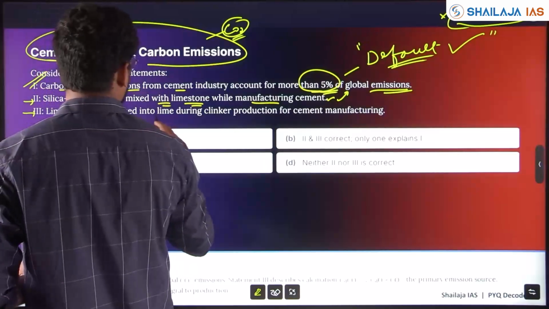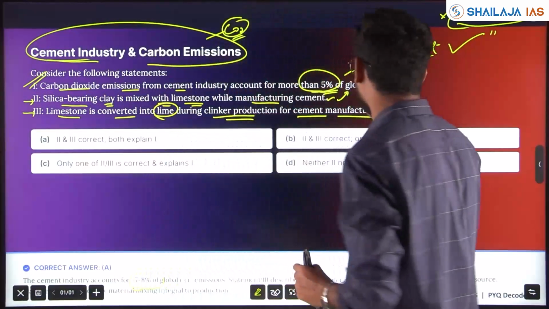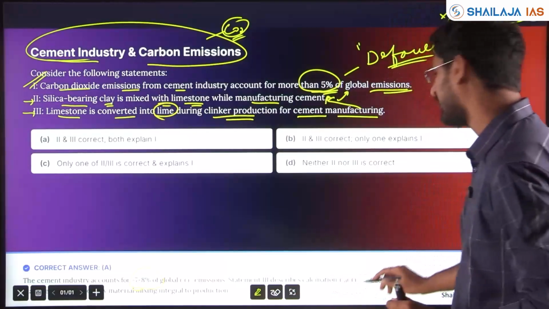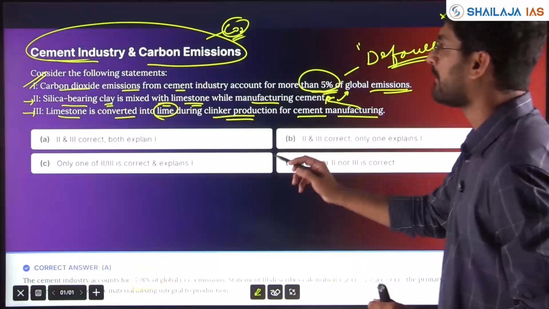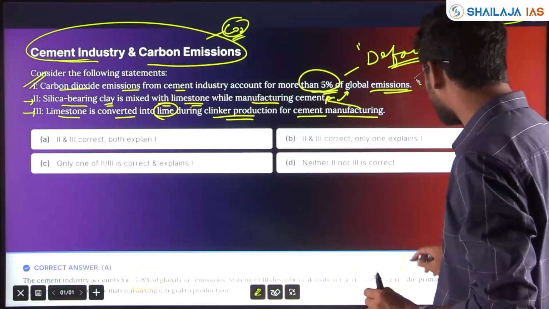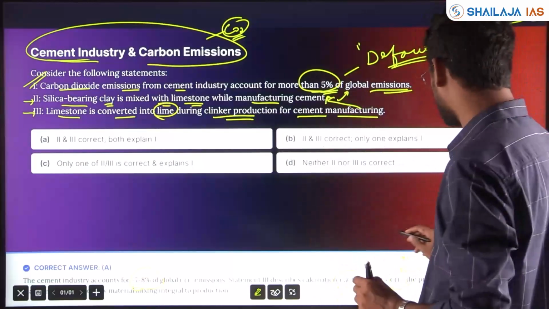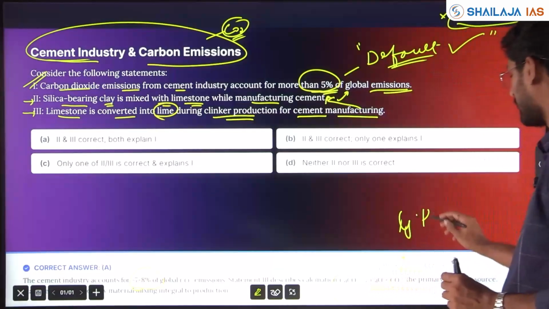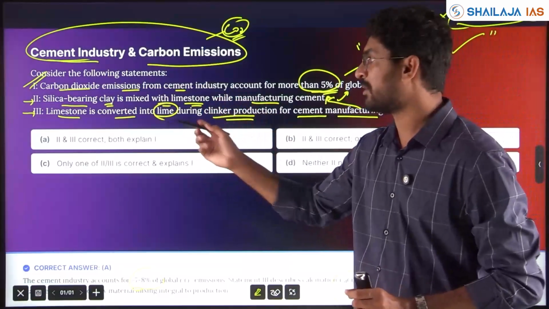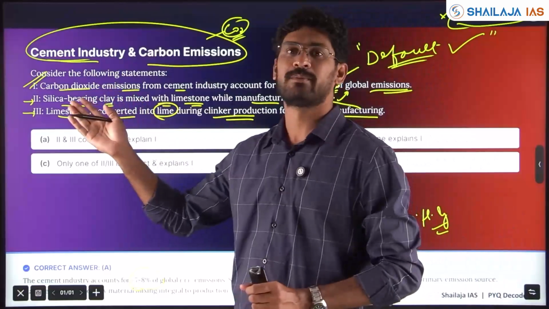Limestone is converted into lime during clinker production for cement manufacturing. Again, the manufacturing process is explained. CaCO3, statement 3, what happens? Limestone is converted into calcium oxide and carbon dioxide is produced as a byproduct, which is a greenhouse gas. Both statement 2 and statement 3 here are the procedures involved in cement production.